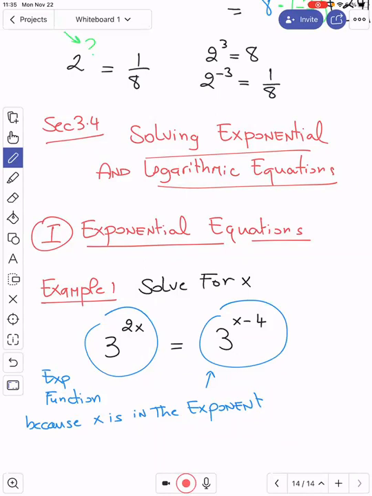The thing here in this first example is that we have the same base. In both sides, the base of the exponential function is 3.